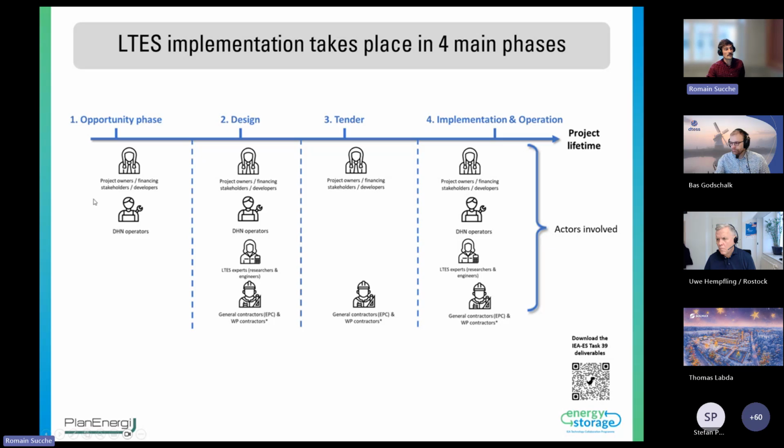They are usually involved from the beginning, in design, not really during the tendering phase, but they are obviously very much involved during the operation of the storage. The LTES experts are a bit involved in the opportunity phase, but especially during the design phase and the implementation. And finally, the general contractors can be involved from the design, but especially in the tender and the implementation and operation.